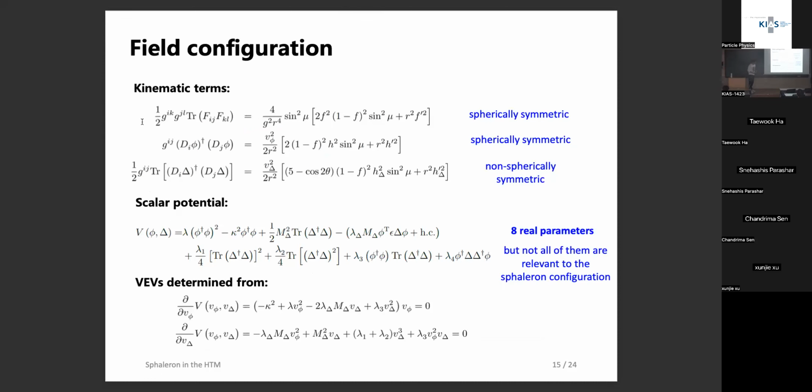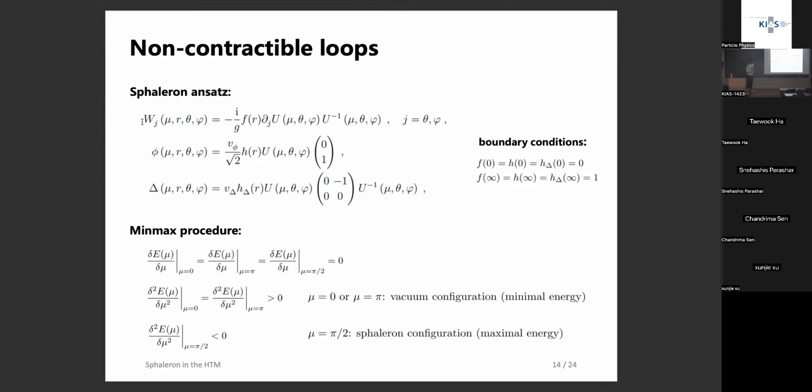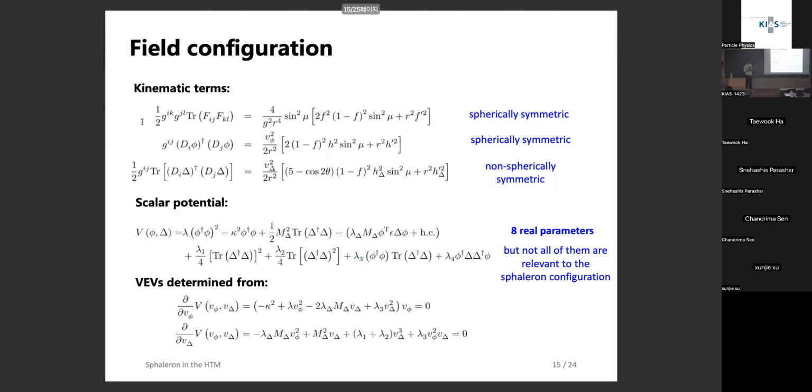Now, because we already know that mu equals pi over 2 corresponds to the Sphaleron configuration, we take mu equals pi over 2 in the expression of the fields, and now each term can be written down explicitly.